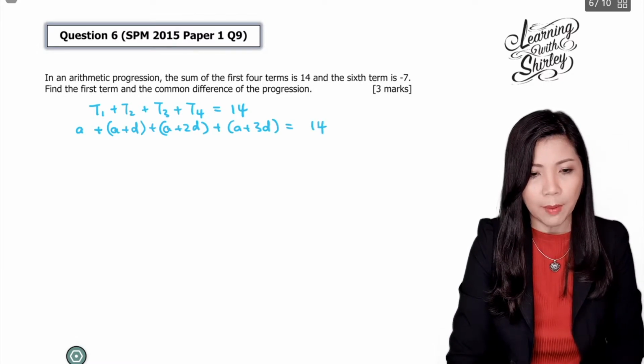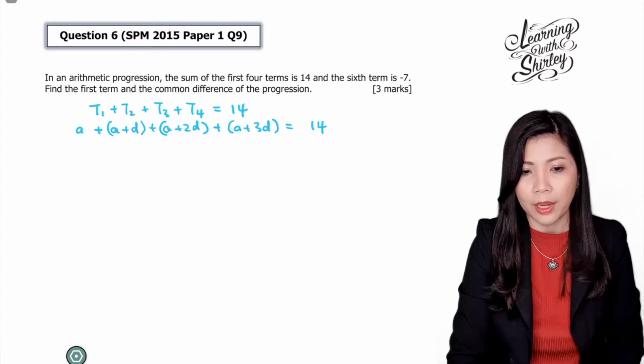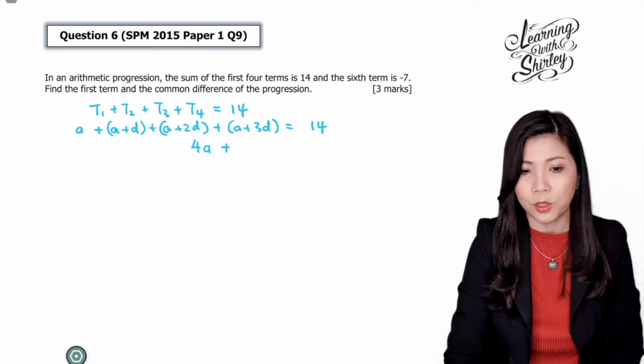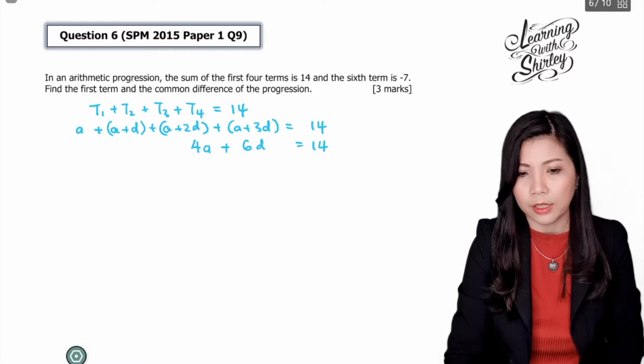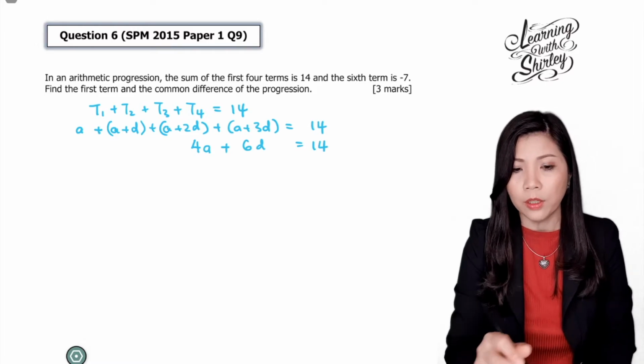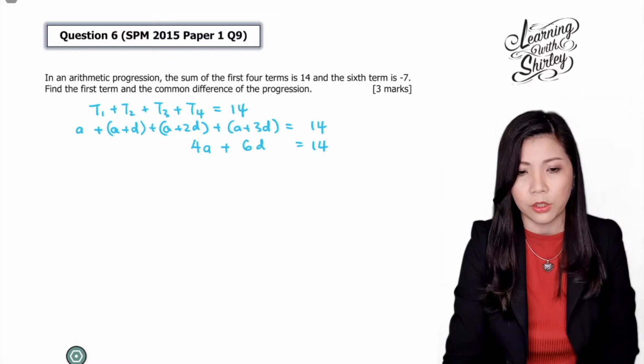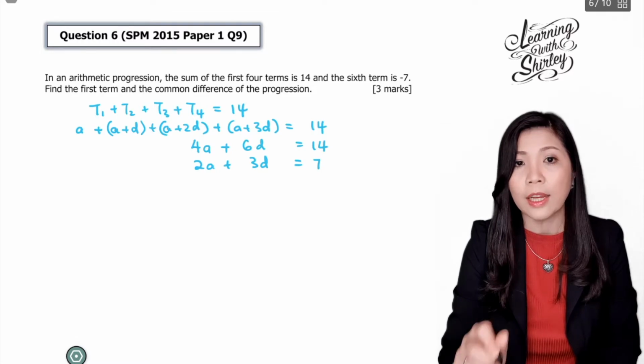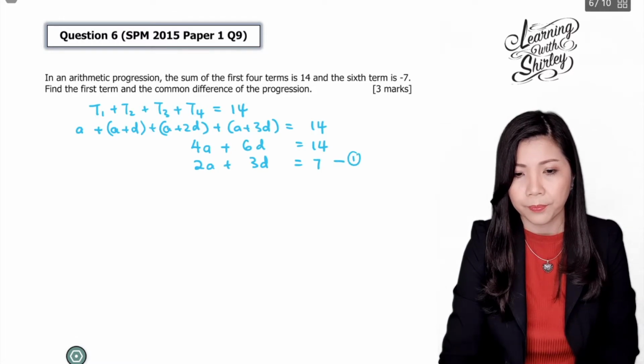So let's solve this. There are 4 a's, 4a, then d plus 2d is 3d, 3d plus 3d is 6d, equal to 14. We simplify this equation by dividing all by 2, so we get 2a plus 3d equals 7.